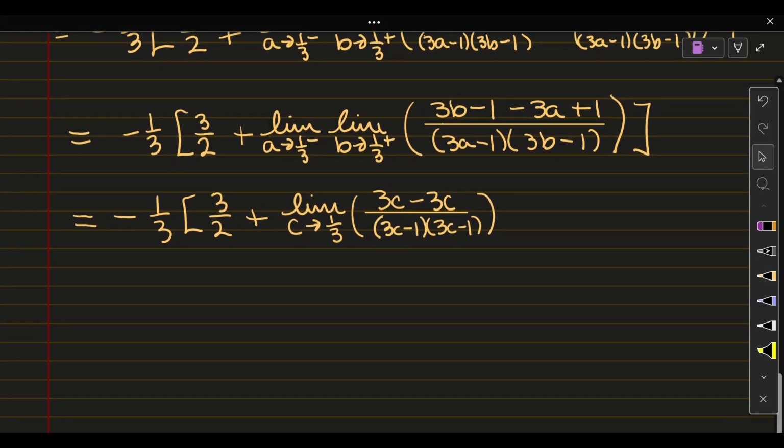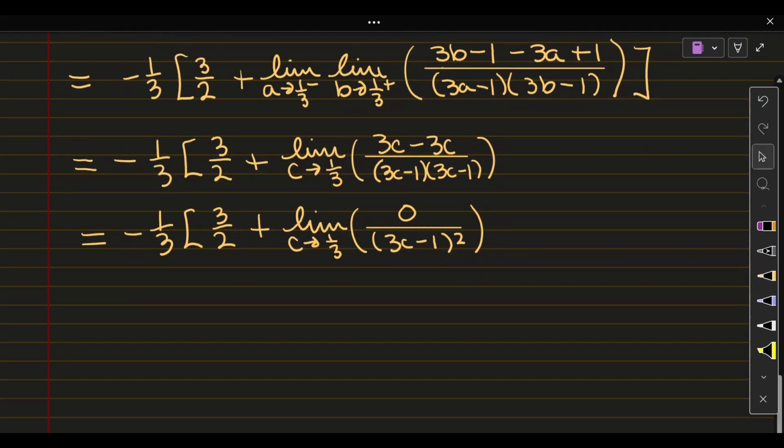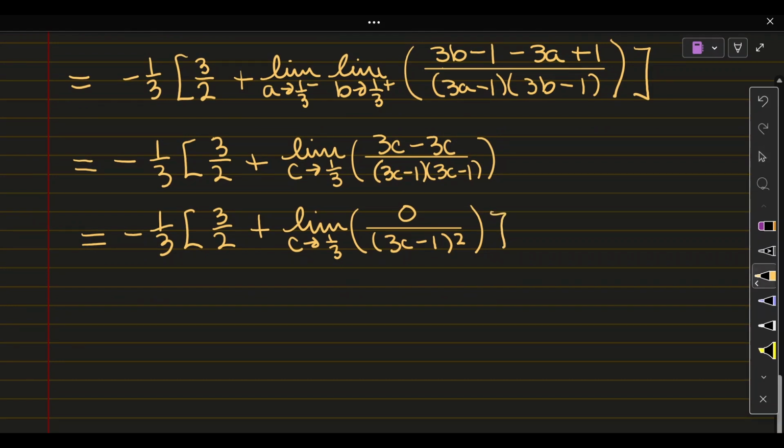And then we note that this is just going to be negative 1/3 times 3/2 plus the limit as c goes to 1/3 of 0 over 3c minus 1 squared. Or in other words, 0, right? Because it doesn't matter if we just have 0 here.